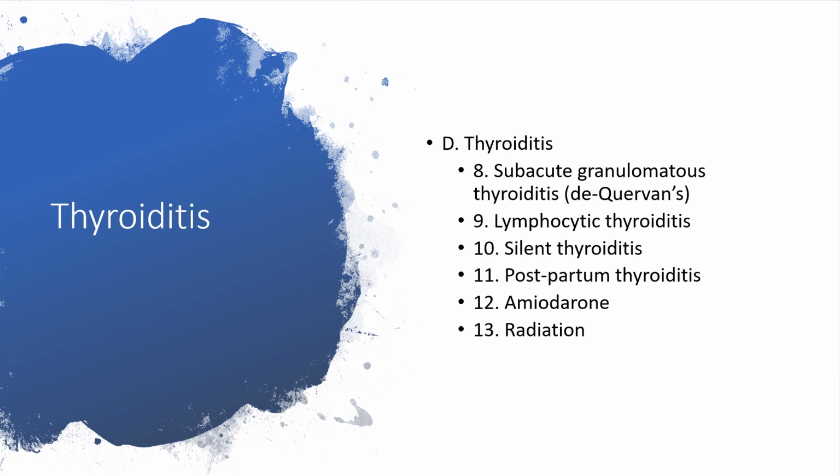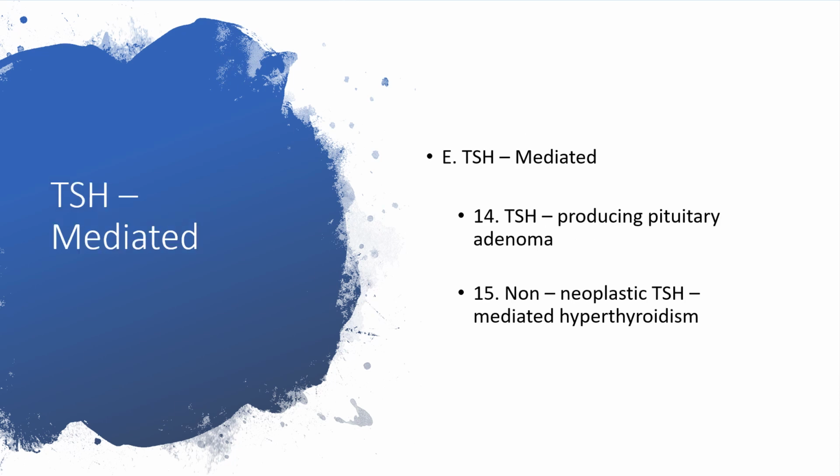Still on causes, it could be thyroid stimulating hormone mediated. And in that wise, we'll be dealing with a thyroid stimulating hormone producing pituitary adenoma. We are familiar right now from the published presentations by me that the anterior pituitary is responsible for producing thyroid stimulating hormone, and that will later work on the thyroid gland to release the thyroid hormones.